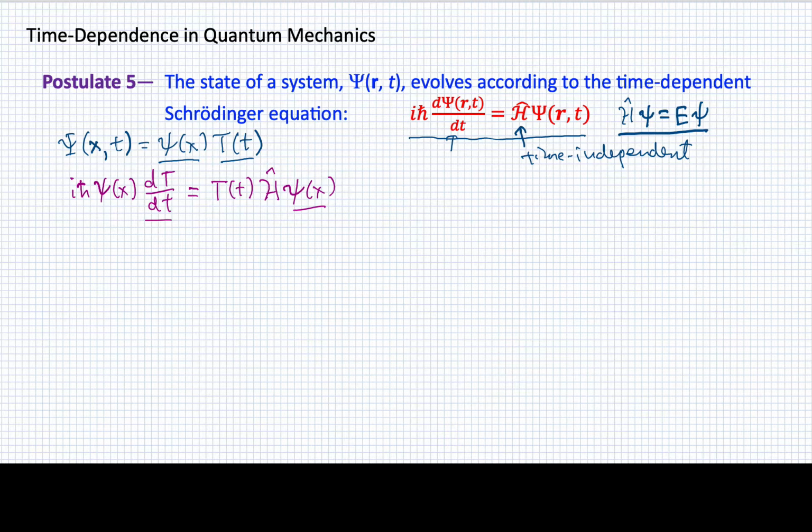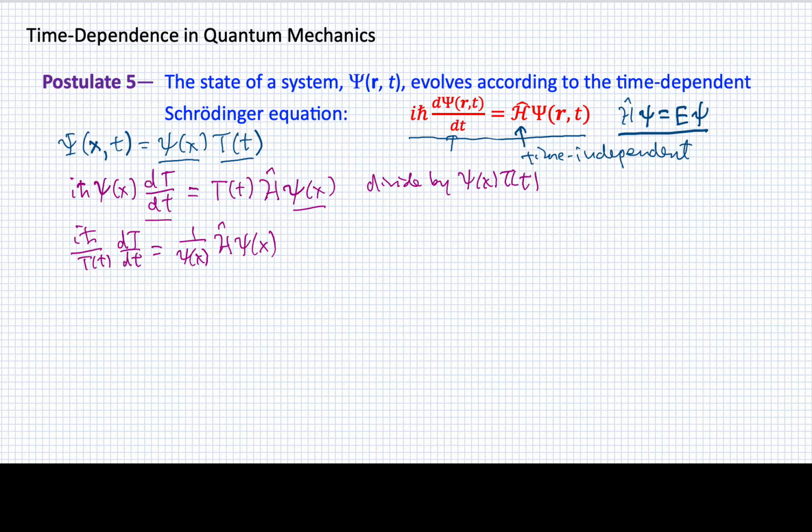Now, as I did in the separation of variables technique, I'm going to divide this equation by the product of these functions. Okay, so when I do that, I'll end up with an equation that looks something like this. I'll have i ħ over T of t times dT/dt is equal to 1 over psi of x times the operation of the Hamiltonian on psi of x.